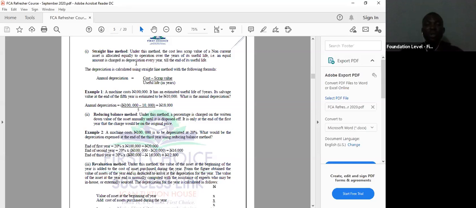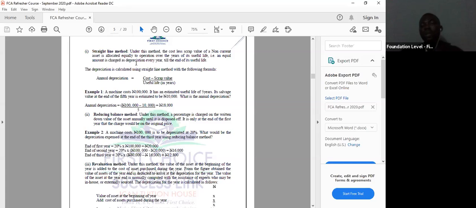Under this method, what we normally do is cost minus scrap value divided by useful life. It means that on a yearly basis, the depreciation amount will be equal over the estimated useful life of the asset. The amount that we depreciate on a yearly basis will be the same.